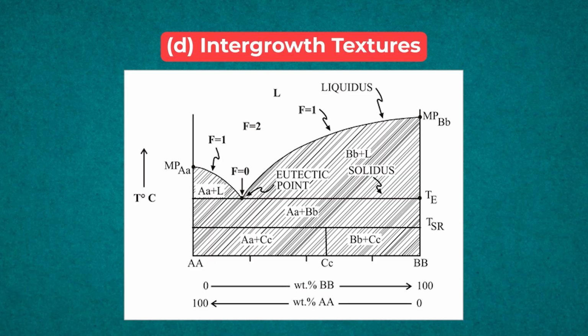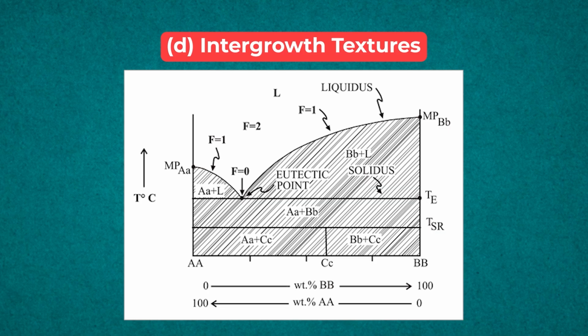The intergrown texture is very common and it has been formed by the process of eutectic crystallization. Let me discuss in detail the eutectic crystallization, where there are two components, A component and B component. A component has a high melting point. It starts cooling from B point and it follows a liquidus curve.